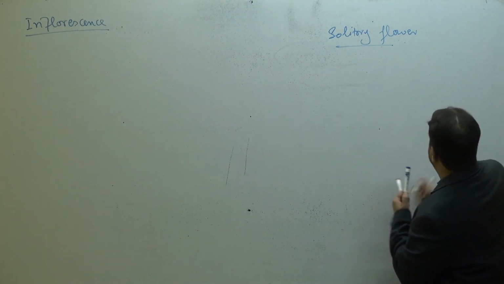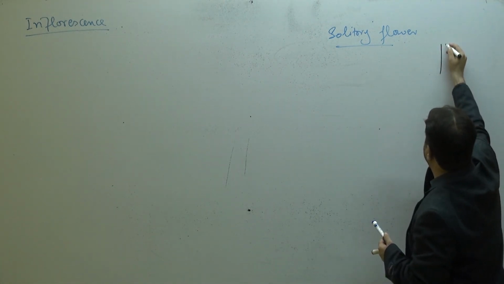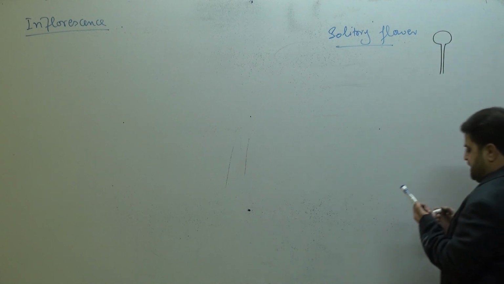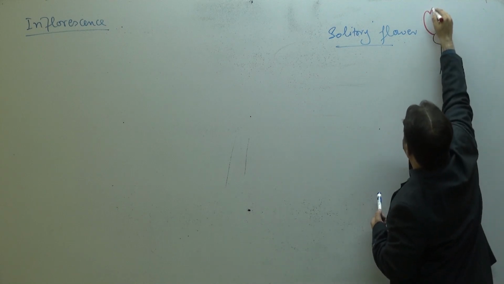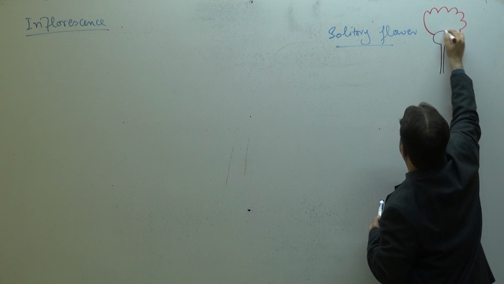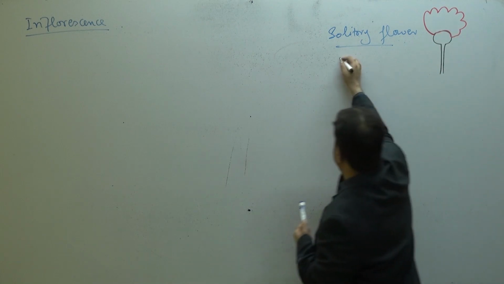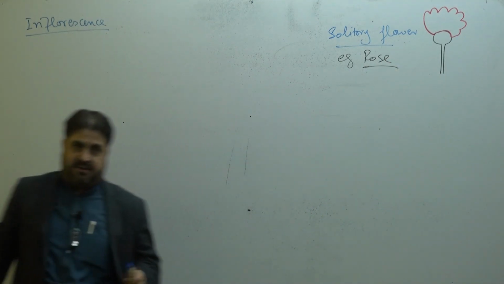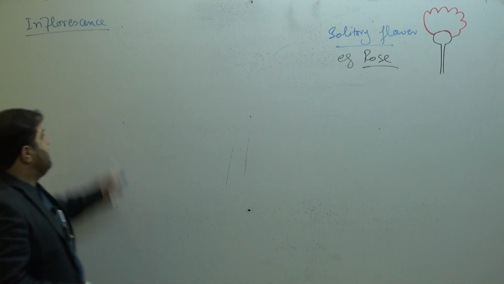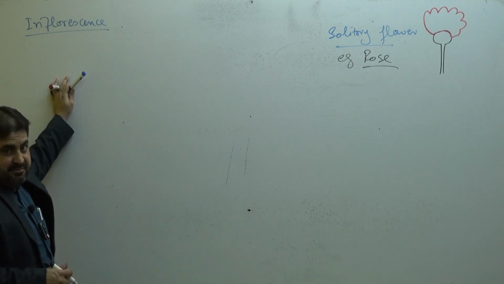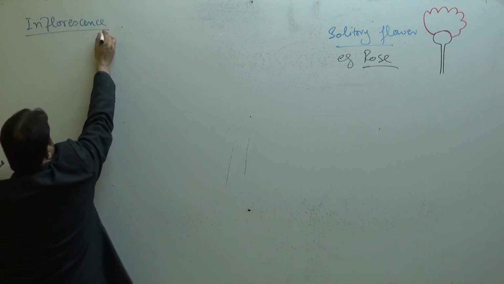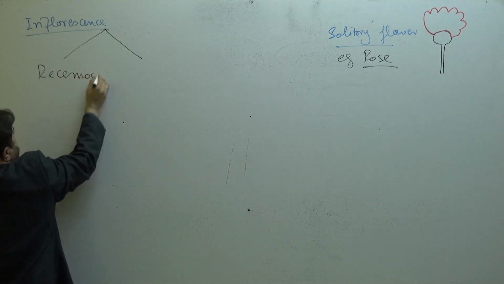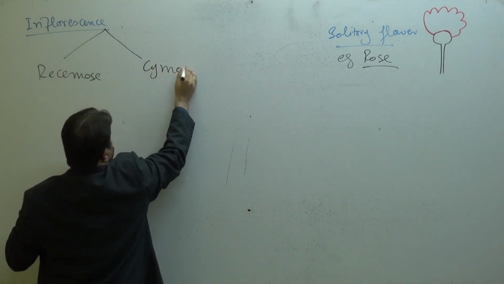When there is a single flower present on each pedicel, that is called a solitary flower, for example rose. When a group of flowers is present on a single branch, that's called an inflorescence. Inflorescence is divided into two types: racemose and cymose.